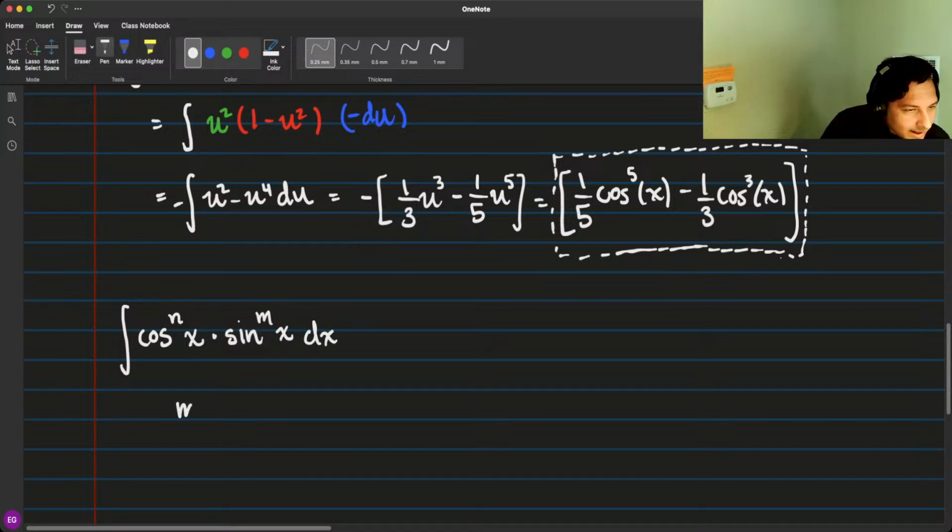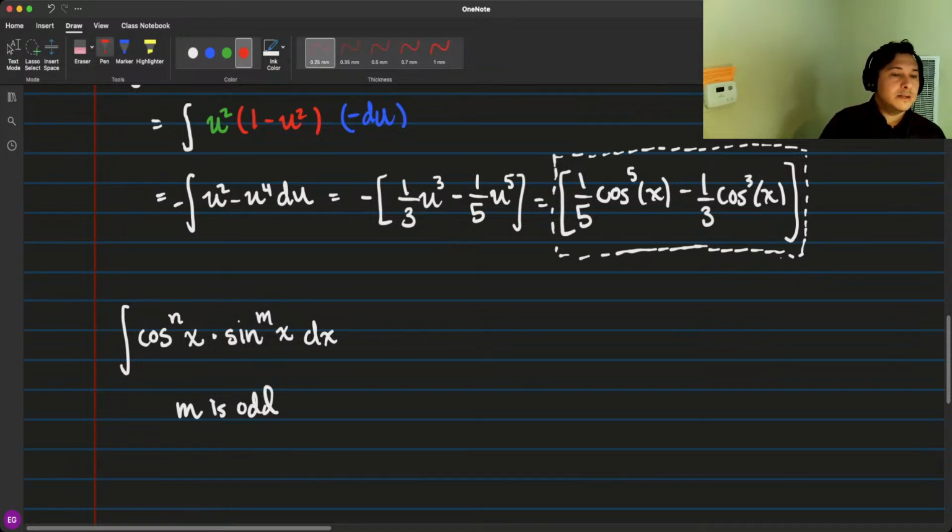And we know that m is odd. So if m is odd, then I can rewrite this as sine to the m minus 1 x times sine x dx.